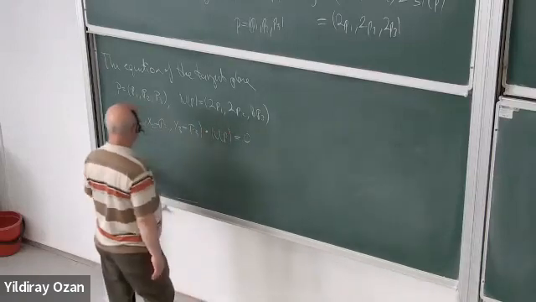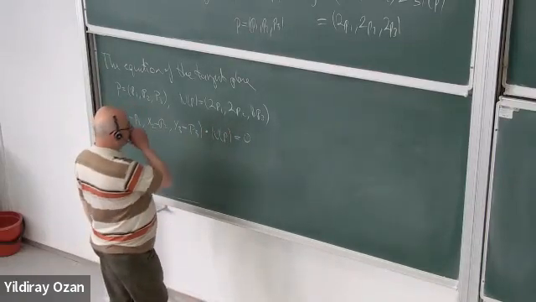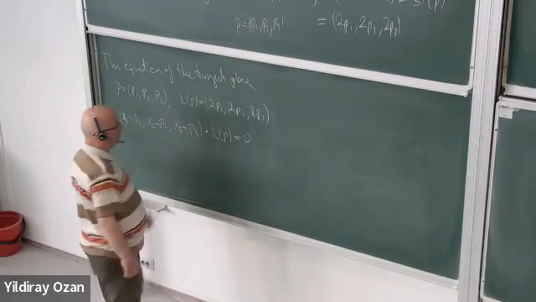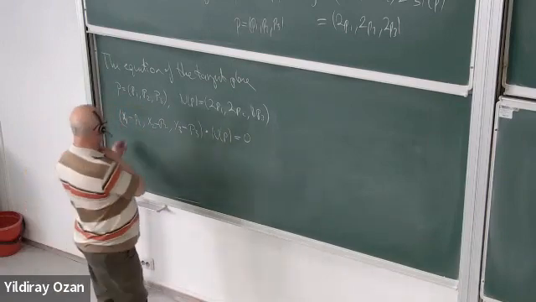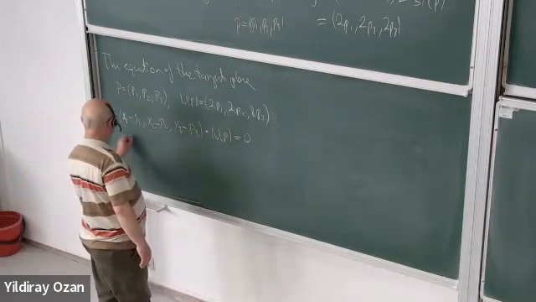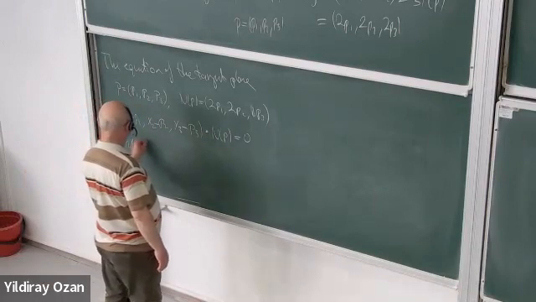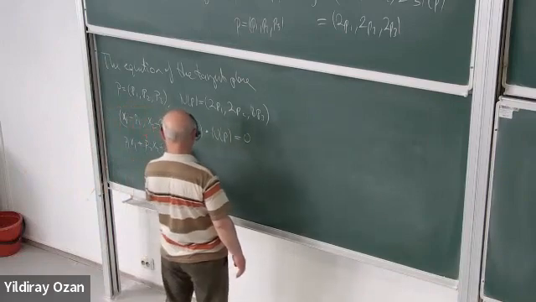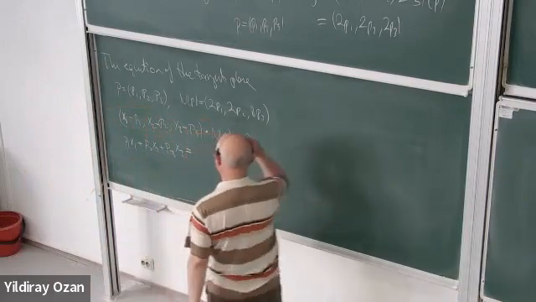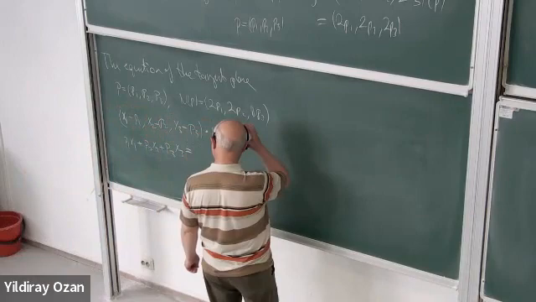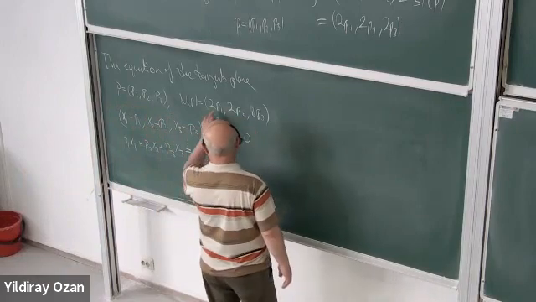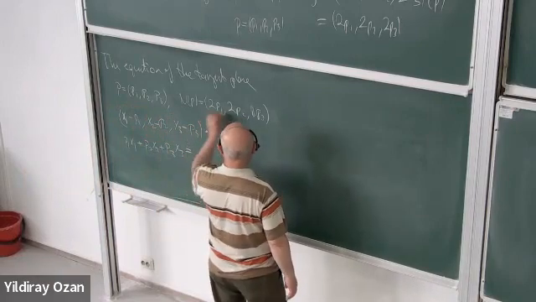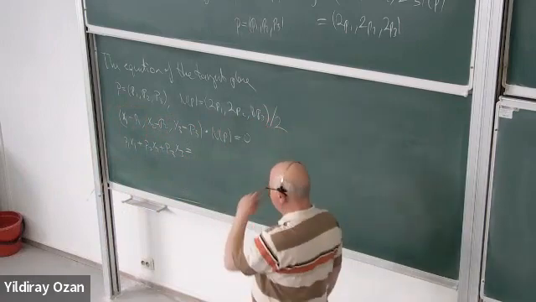So P1 x1 plus P2 x2 plus P3 x3 equals... actually, I can just choose the normal vector to be half of this, right?